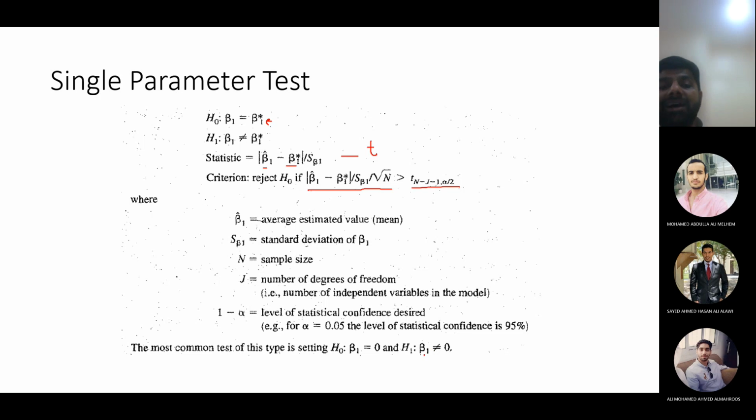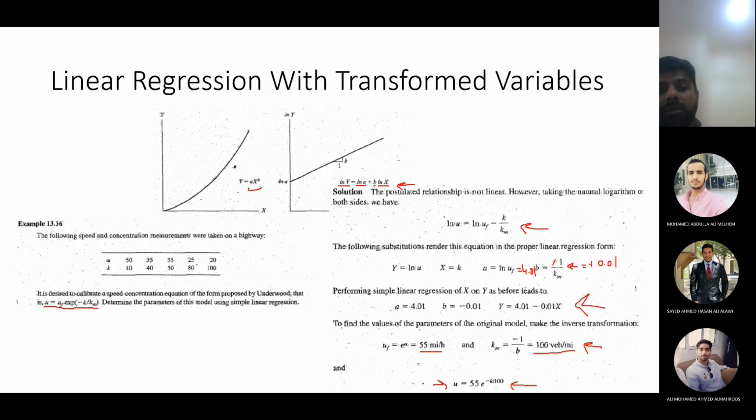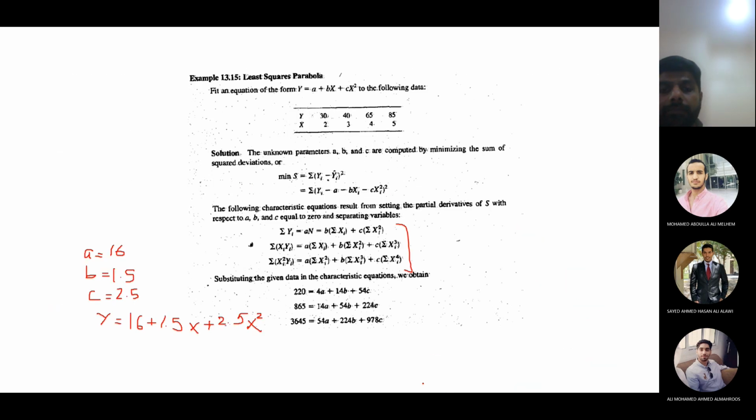Now what is this beta? Beta is the model coefficient, A, B, C, these values. We are calculating the values of A, B, and C, right? So betas are normally those values. So we are claiming that A equals 0 or A is not equal to 0, or B equals 0 or B is not equal to 0, or C equals 0 or C is not equal to 0.